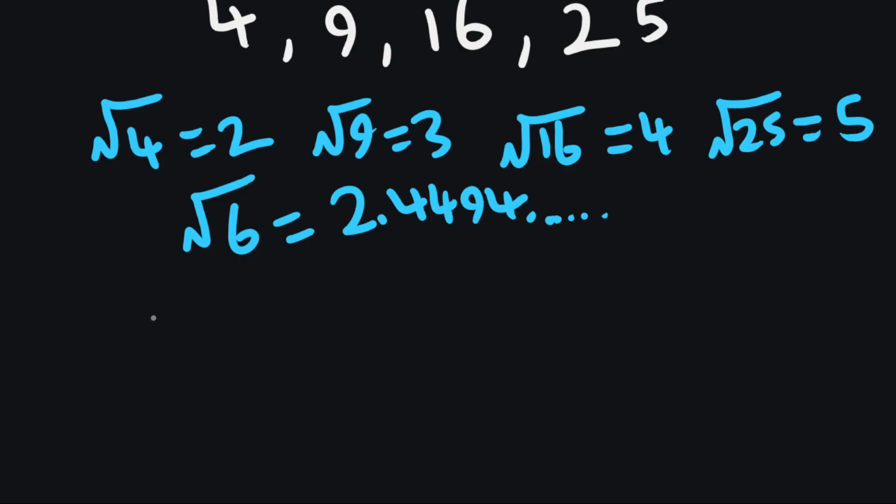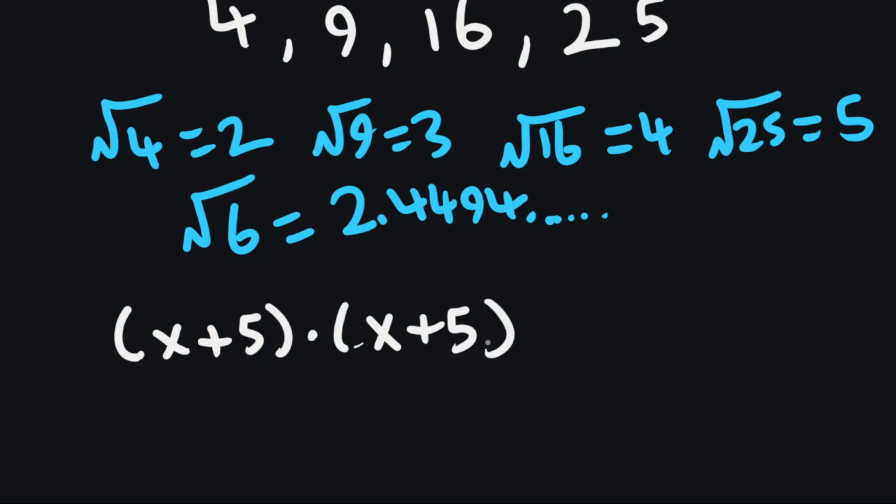So first, let's take a look at (x + 5) times (x + 5). We're multiplying something by itself. We're multiplying x + 5 times itself, x + 5.